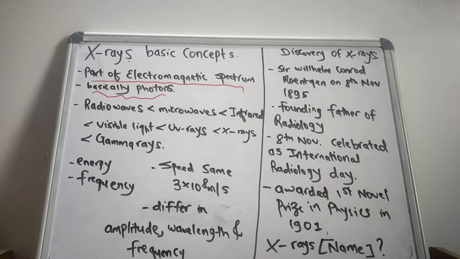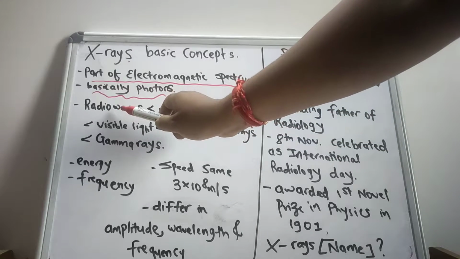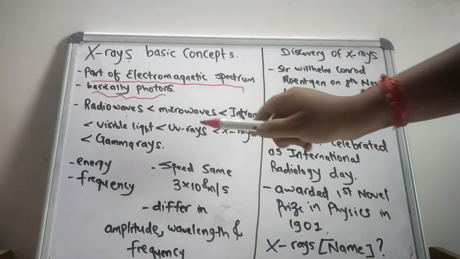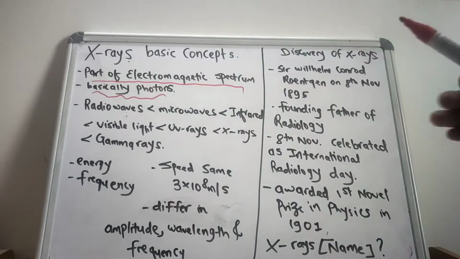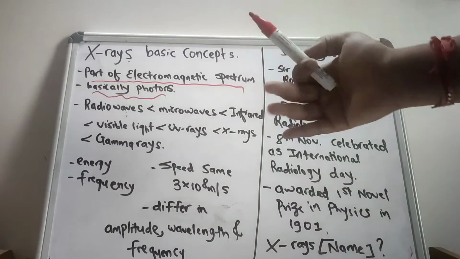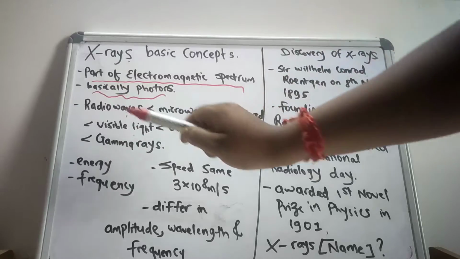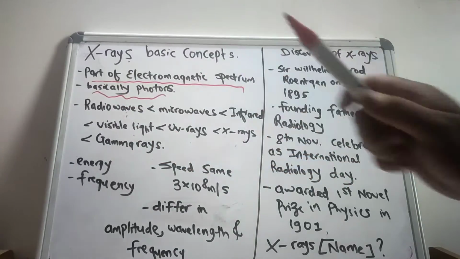If you look at the increasing order of frequencies or energies in this spectrum, it starts with the lowest frequency and the lowest energy, that is the radio waves, and the energy and the frequency increase towards the microwave, infrared, visible light, UV rays, X-ray and gamma rays.